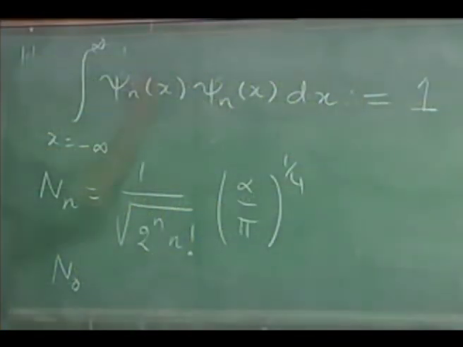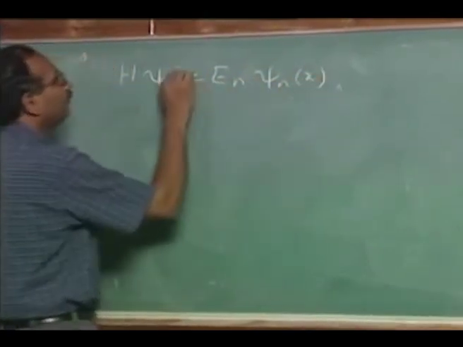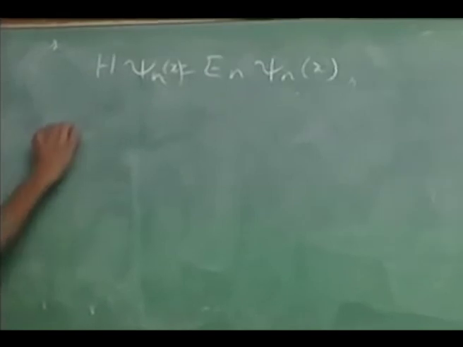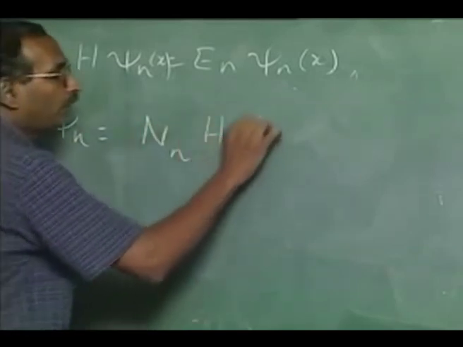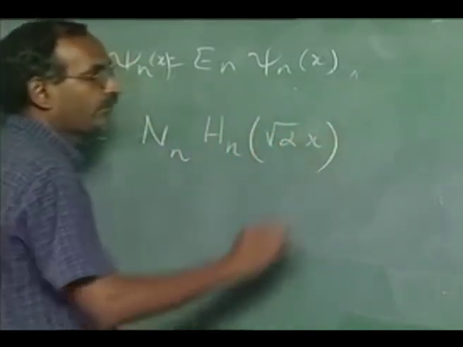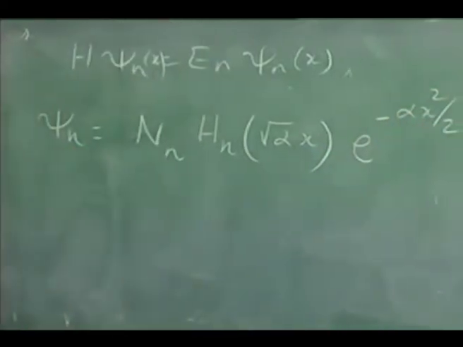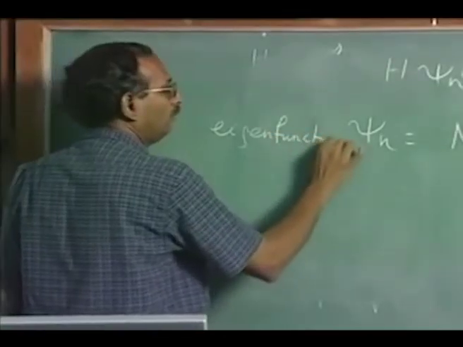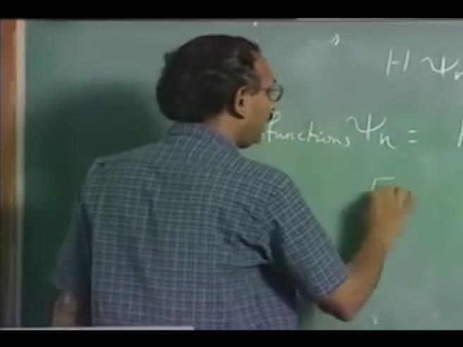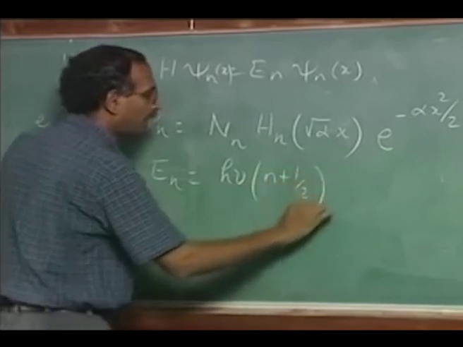The solution for the equation H psi n equals En psi n of x for the harmonic oscillator has the wave function psi n, given by the normalization constant N, the Hermite polynomial in root alpha x, and e to the minus alpha x square by 2, as the eigenfunctions, and the eigenvalues En as h nu times n plus a half.